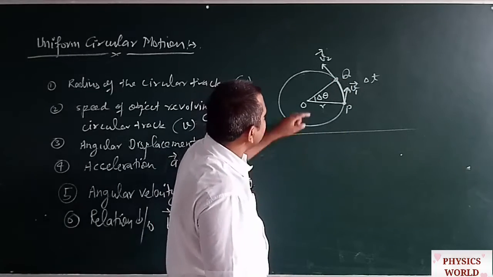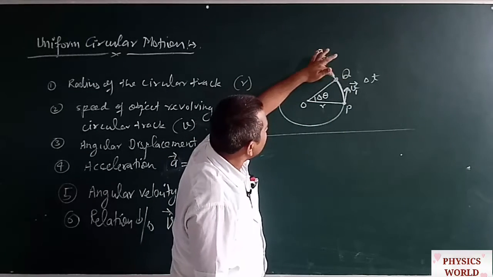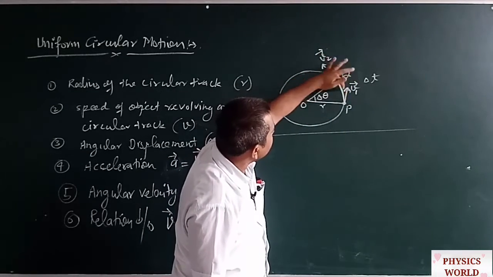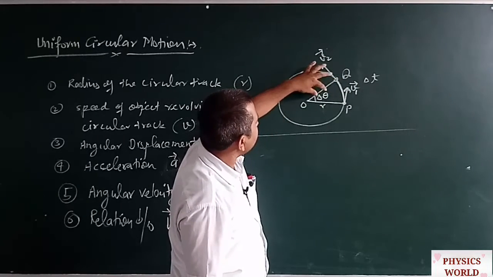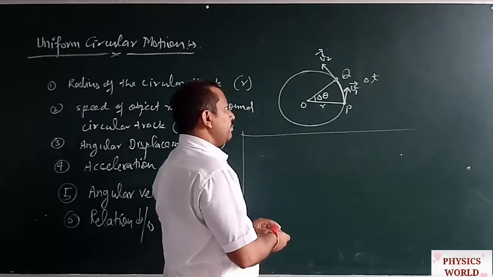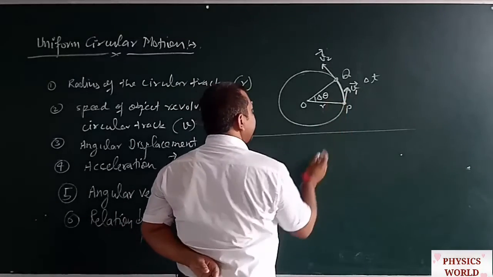If we look at this figure, we find that the arc length is PQ and the radius of the circular track is R, and the angle covered in time interval delta t is delta theta.